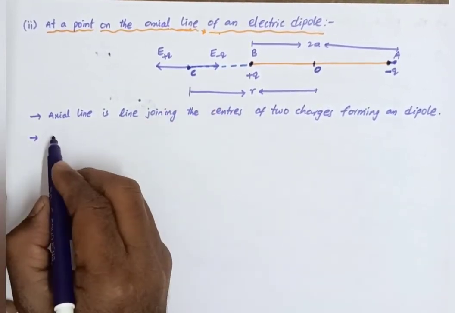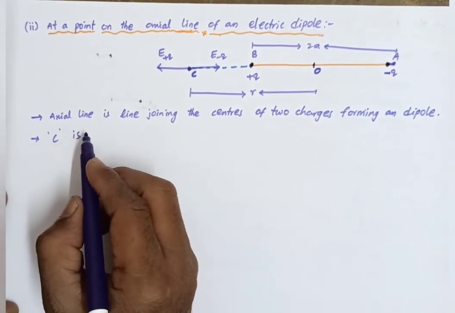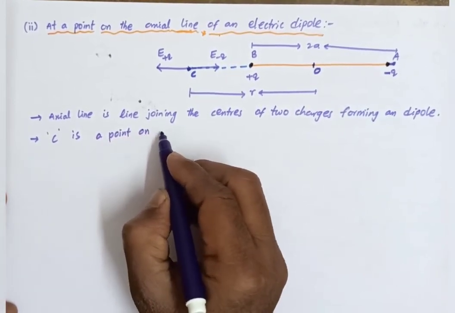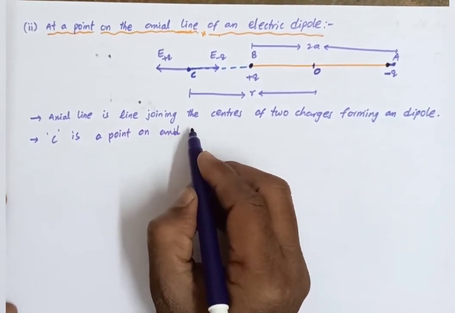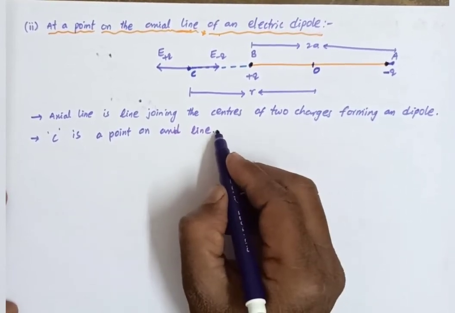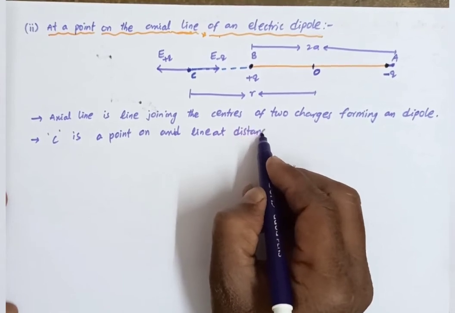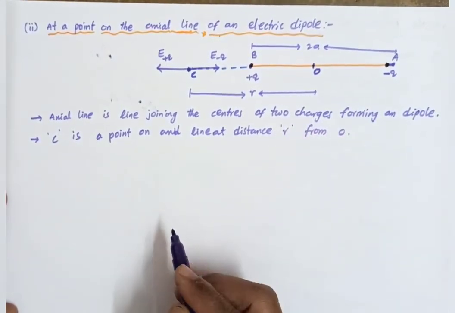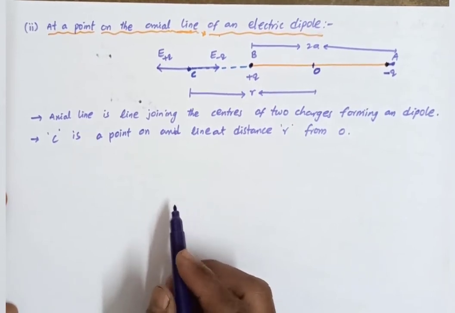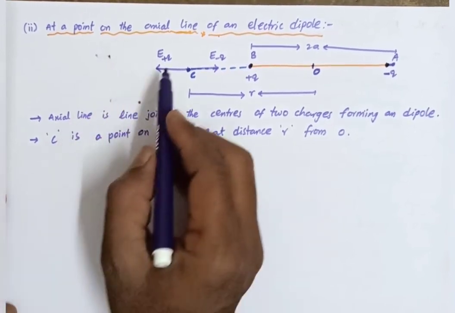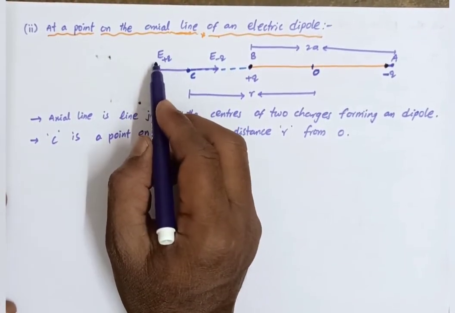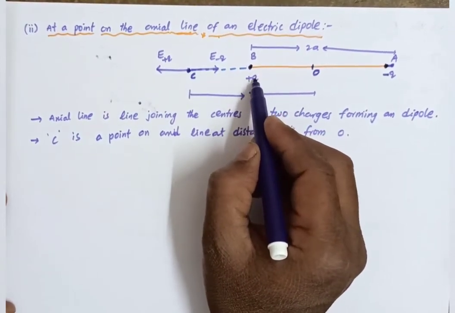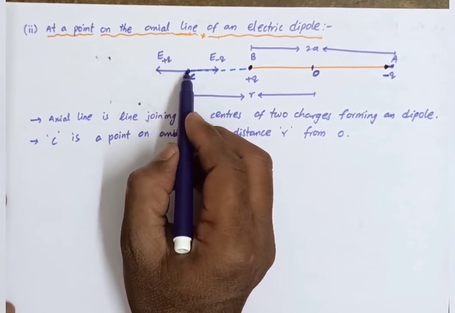So we consider C is a point on the axial line at a distance r from O. Now the electric field intensity, or electric field strength, at point C due to the positive charge is E plus Q, in this direction, the left side.